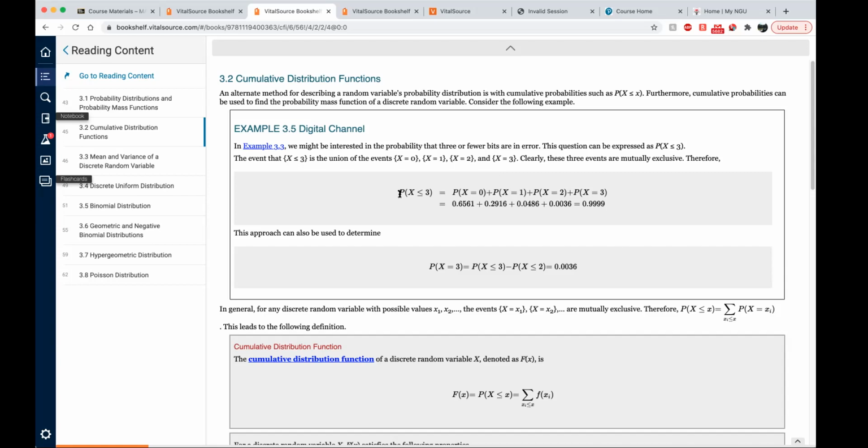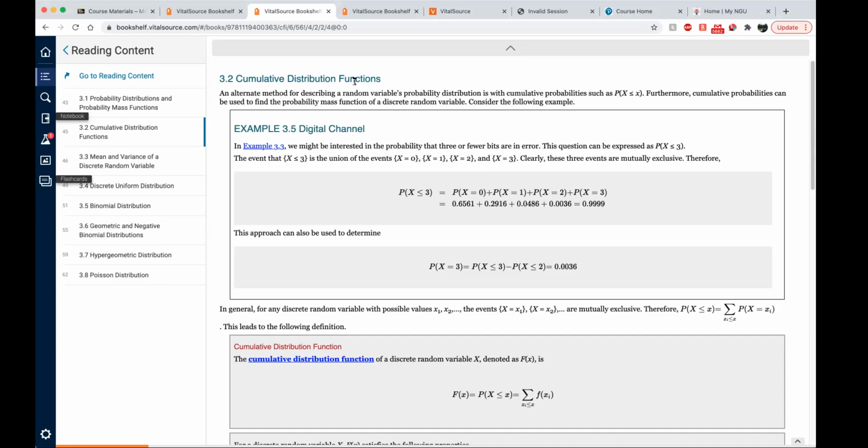The probability mass function represents the probability for one value of the random variable, but for a certain group of values, it is called the cumulative distribution function.